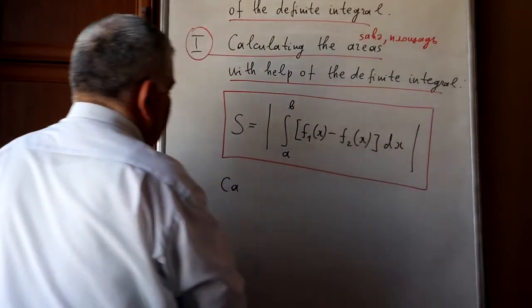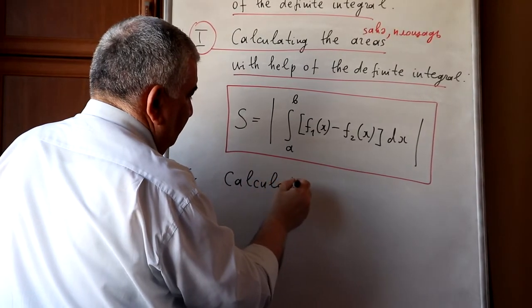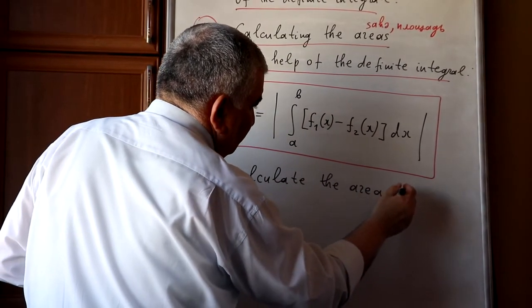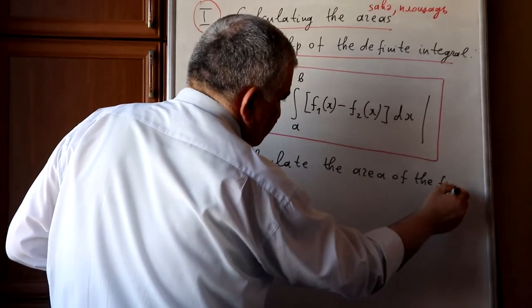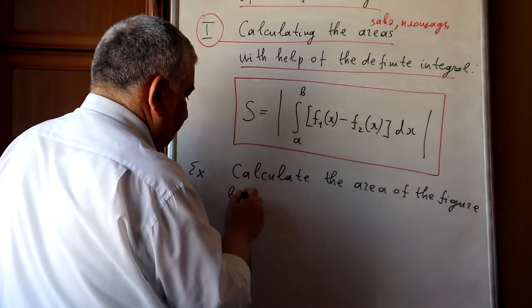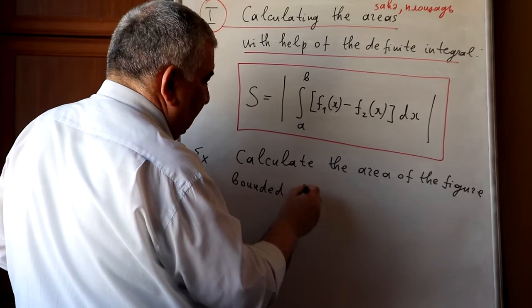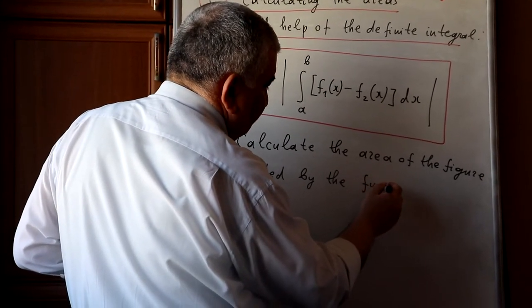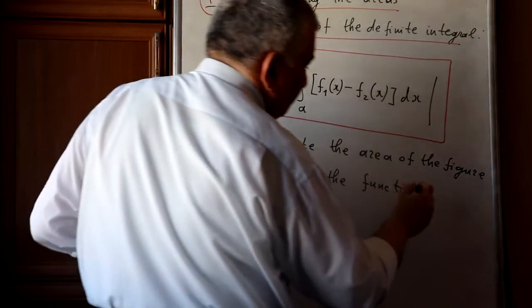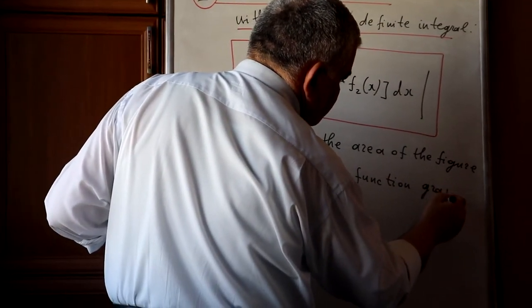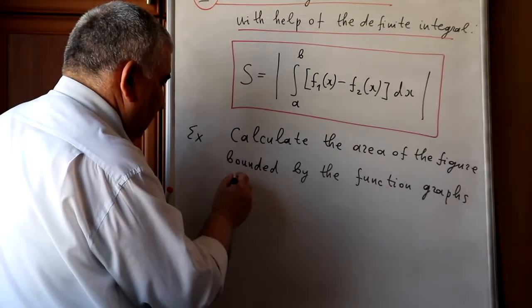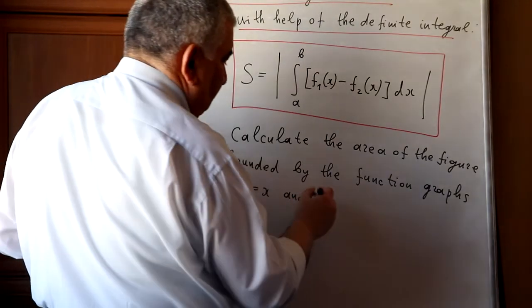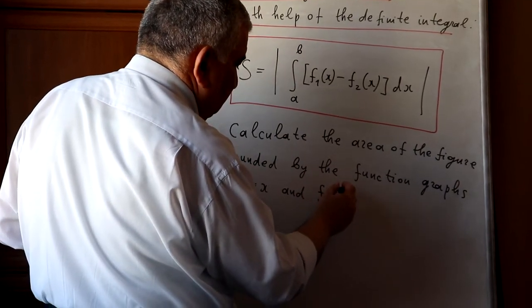Calculate the area of the figure bounded by the function graphs f1 of x is x and f2 of x is x squared.